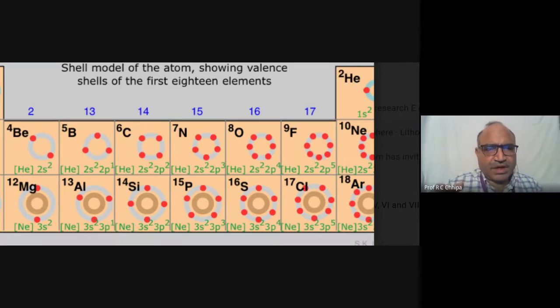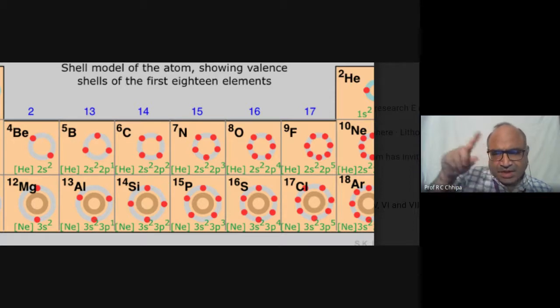I have earlier discussed monovalent, bivalent, trivalent, and tetravalent. The boron family is trivalent, then tetravalent, then pentavalent, trivalent, divalent, and monovalent. Neon itself is zerovalent.